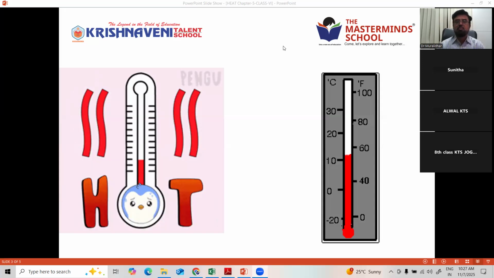From that formula, we can convert any scale of temperature into any scale. So tomorrow when you see the newspaper at home, you can check the temperature of cities: Hyderabad, Kurnool, Kadapa, Vijayawada. They'll give both Celsius as well as Fahrenheit. Try to convert by using your formula. Right?